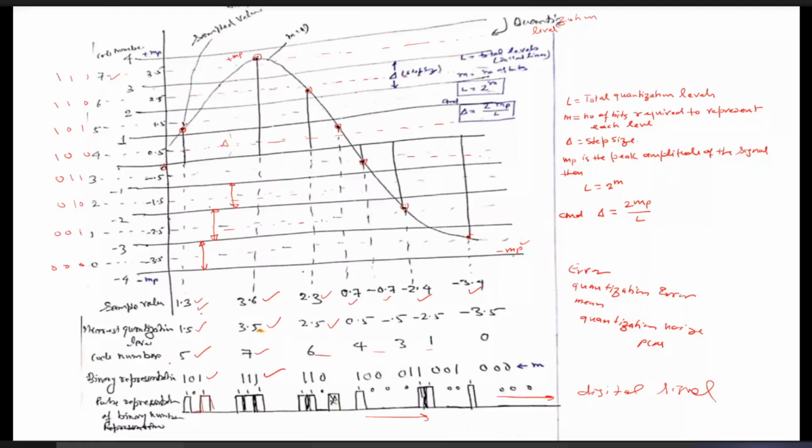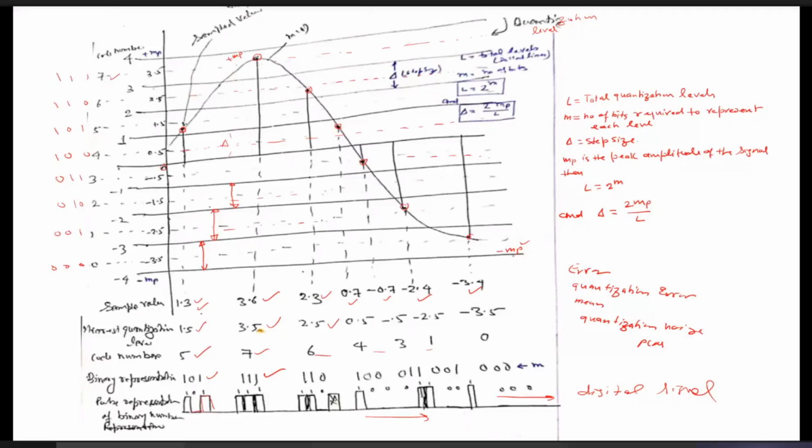Corresponding to that, we represent that binary number using any of the available line coding techniques. Then we can represent this as an electrical waveform, and the electrical signal can be transmitted.